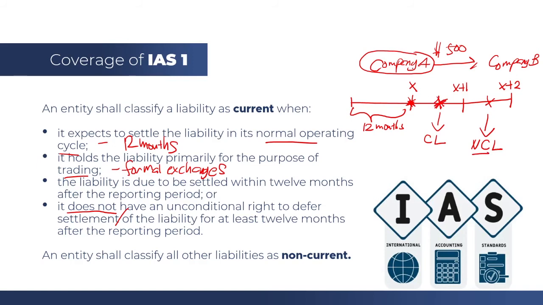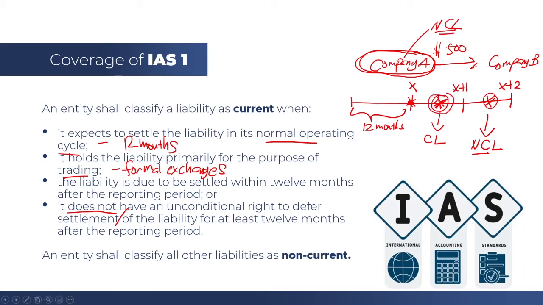Why? Because company A has the right to say no, even though as per the contract, it's saying that you should pay as of this time. Company A has sole discretion to say that I will be paying as of a later date, for example. Then it becomes a non-current liability, even though per contract it says that it should be paid within 12 months.